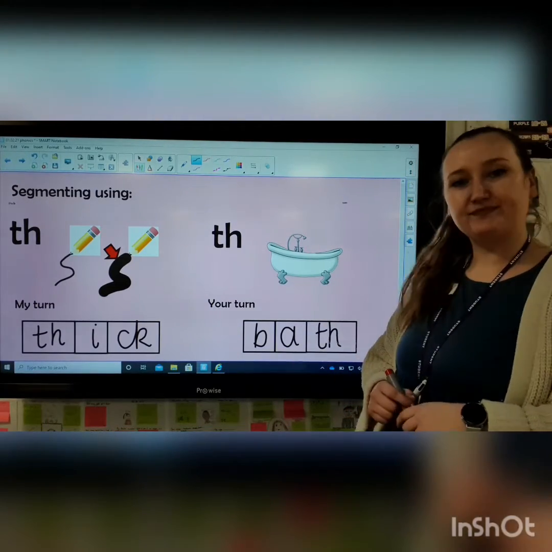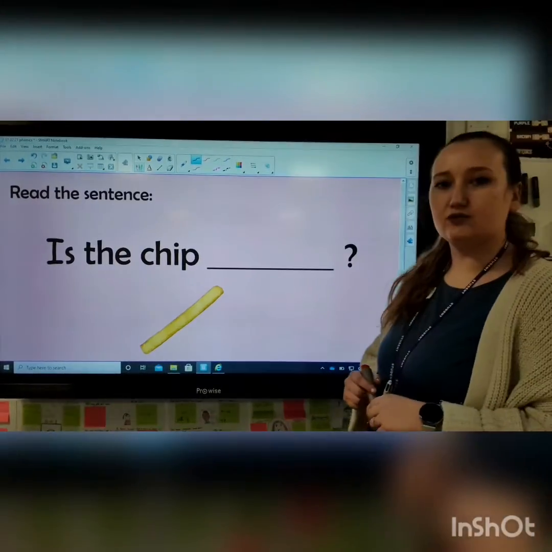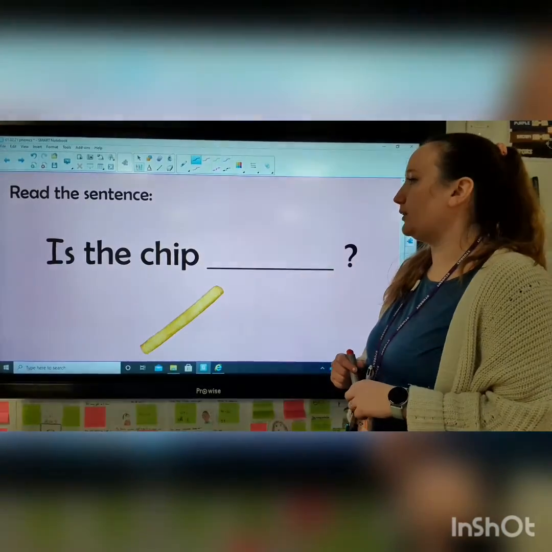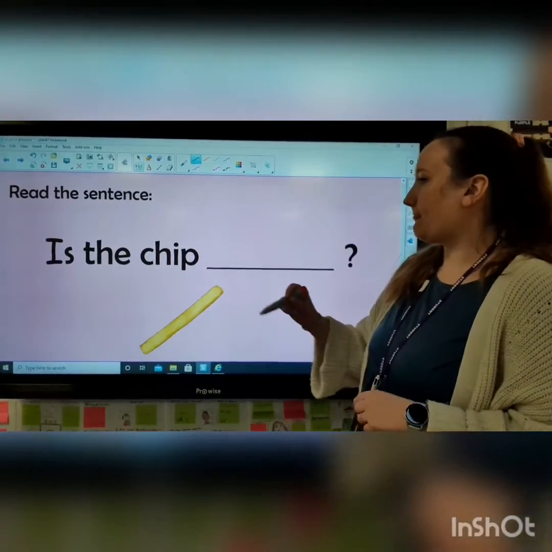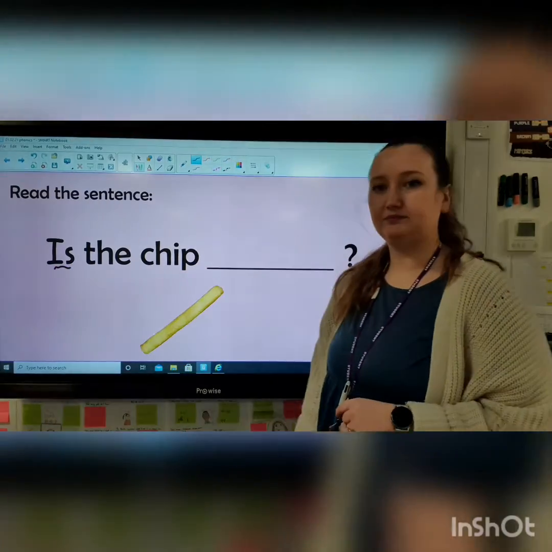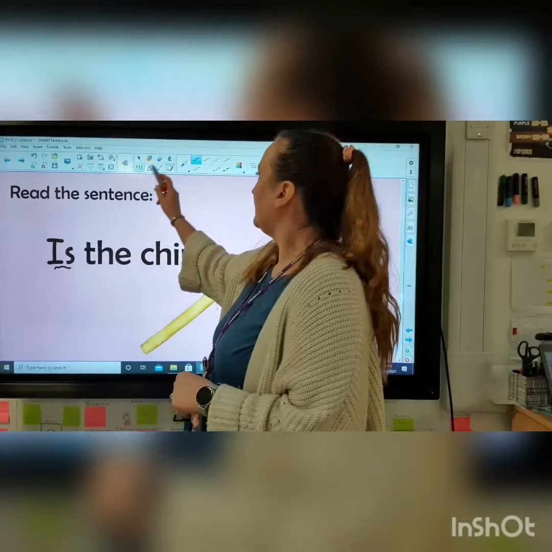Bath. Okay, well done. So now we're going to read the sentence and fill in the missing word. Okay. So, do we know this word here? Okay, we can blend it. Let's blend it.